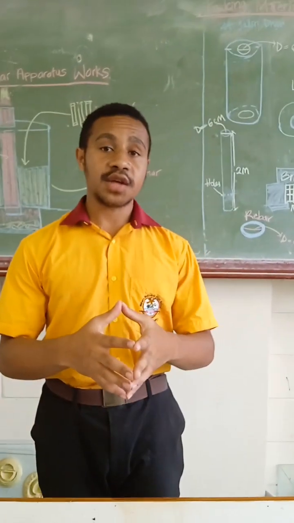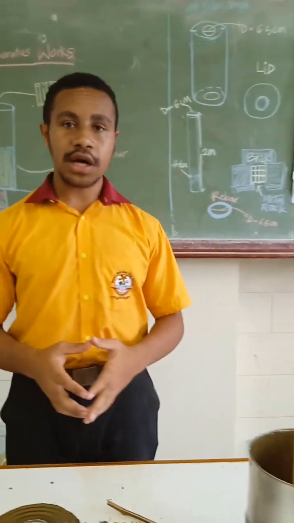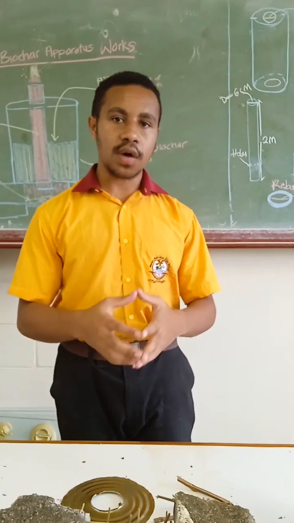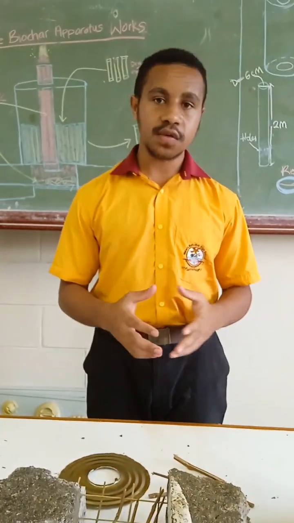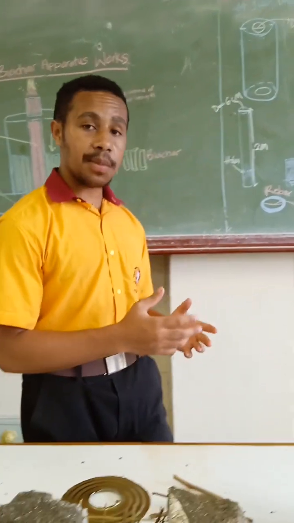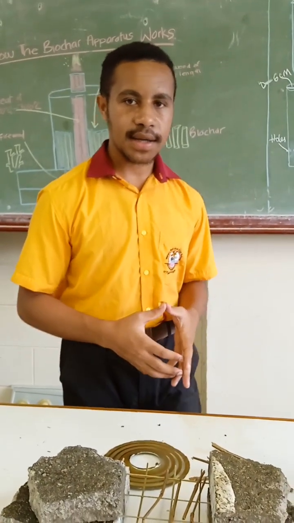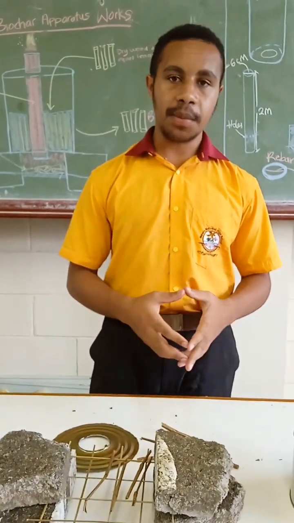So this is what actually happens in the real biochar producing apparatus and the processes involved. If you want to learn more about how biochar is produced, you can watch YouTube videos to enhance your understanding about this apparatus.